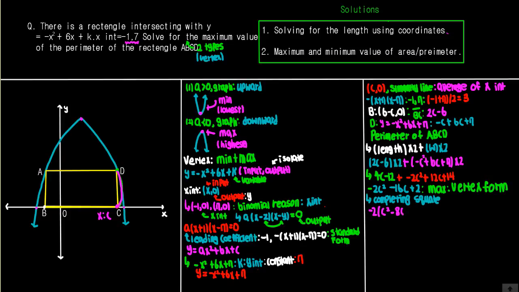Factoring out negative 2, we have negative 2 times c squared minus 8c. Then we divide 8 by 2 and square it, which gives positive 16.